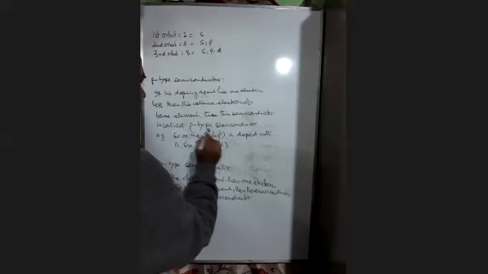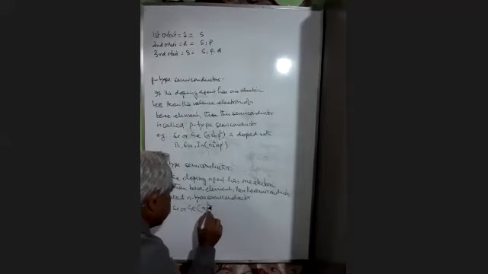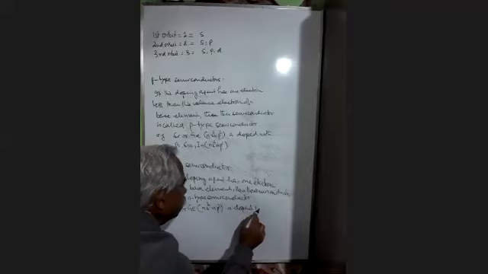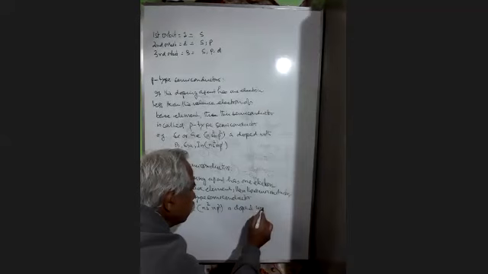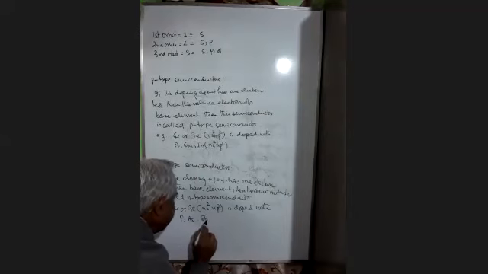Sorry, please excuse me. ns2 np2 is doped with phosphorus, arsenic, antimony. What is this? ns2 np3. This is one.